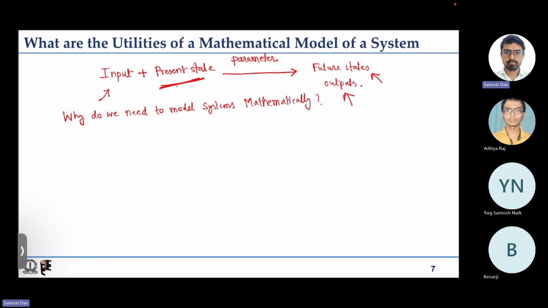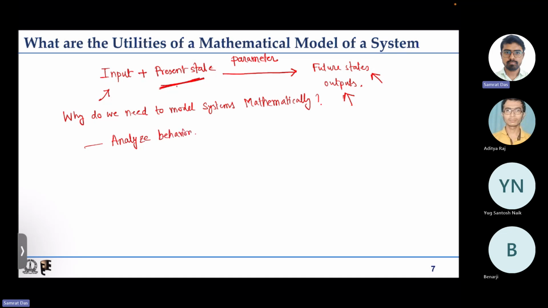There has to be some incentive towards doing that, otherwise why do all this math? So first, it allows us to analyze the behavior of the system.